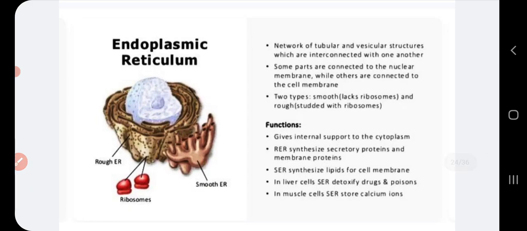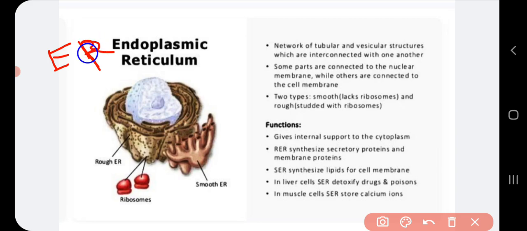The ER, or endoplasmic reticulum, is a network of tubules. Two types of endoplasmic reticulum are there: rough endoplasmic reticulum and smooth endoplasmic reticulum.